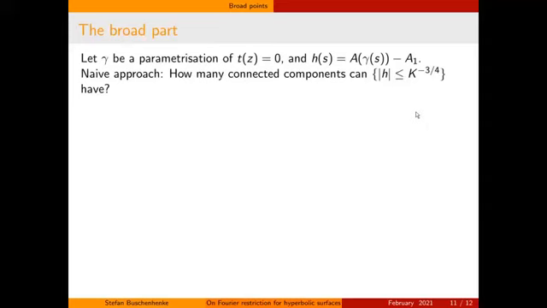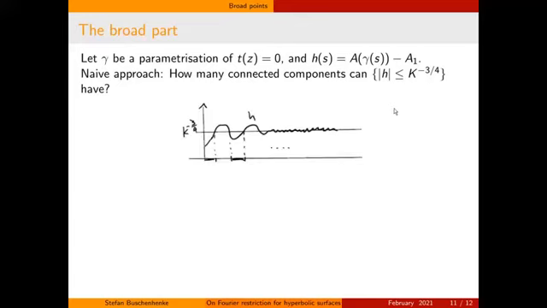The naive question would be, how many connected components can such a set have? Of course, you can quickly draw a picture, which is not so nice. It might be that h just oscillates very fast around this value, k to the minus 3 over 4. Then, of course, you get a lot of these connected components. So that doesn't work.